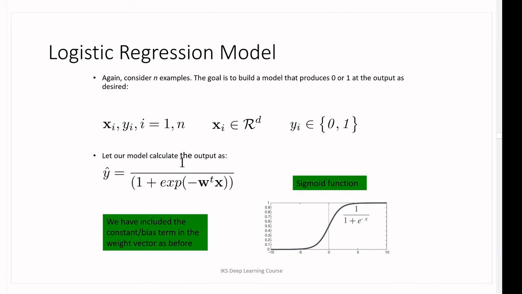instead of looking at the score W transpose X and checking whether it is greater than a threshold or not, we pass this score through an exponential function.